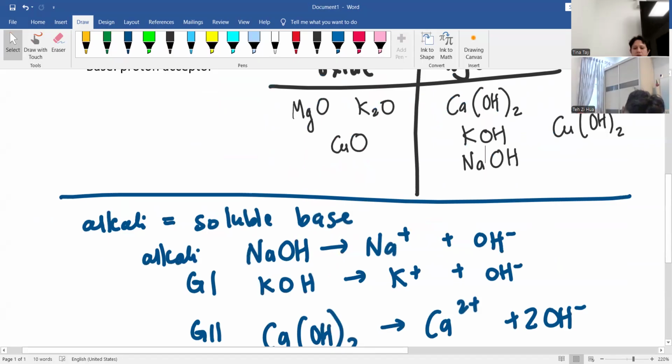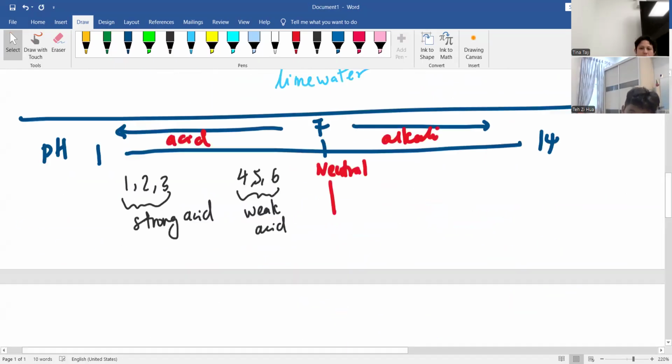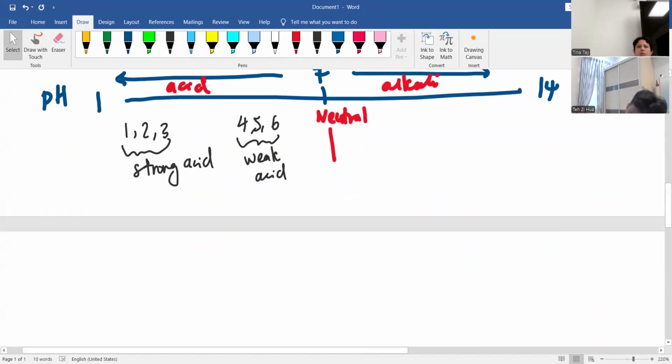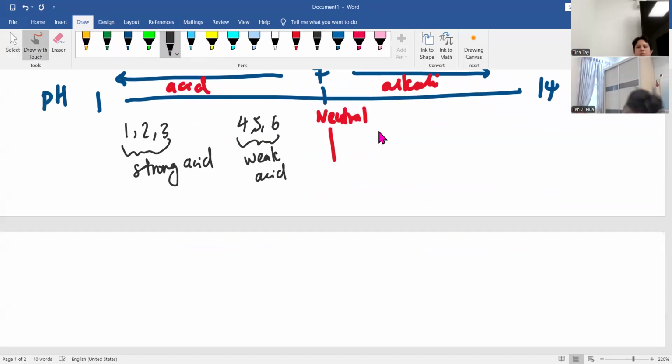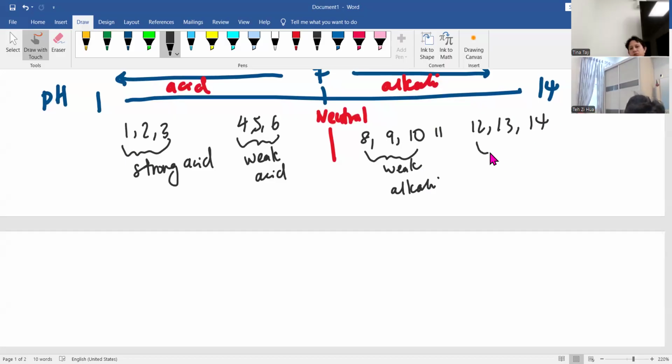For alkali, same concept. 8, 9, 10, or sometimes even 11, is a weak alkali. Then 12, 13, 14 is a strong alkali.